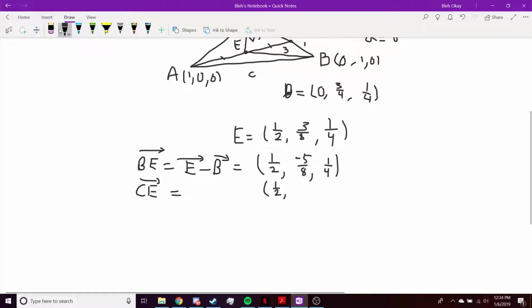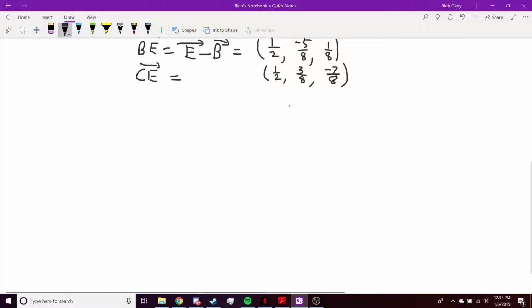Oh, I know my problem. Sorry. This here should be an 8 because I divided by 2 here. I was checking in my mind; it wasn't coming out right. This is 3/8, and then 1/8 minus 1 is -7/8. So we get that for CE.